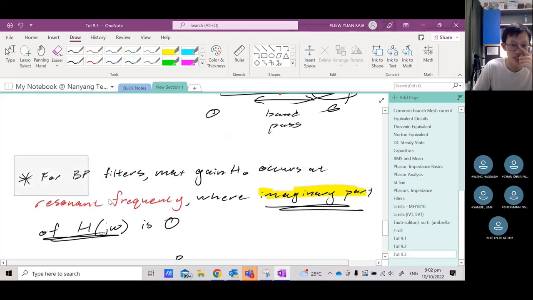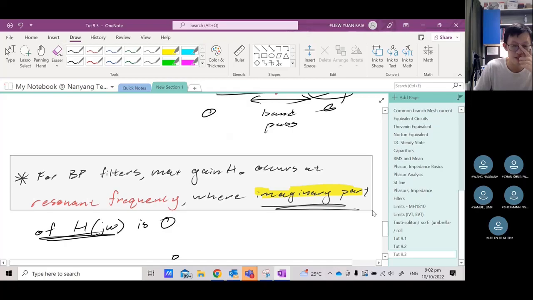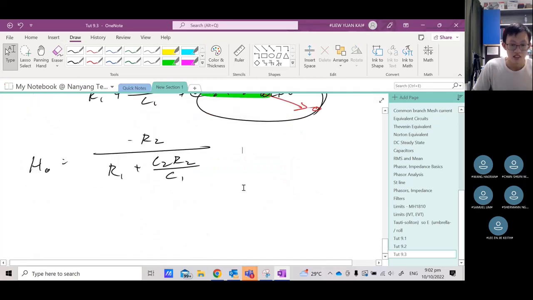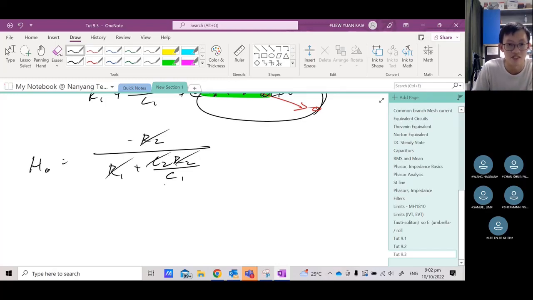Okay, so I'm going to emphasize again, this is an important fact for finding the max gain of bandpass filters. You just sub all the values in, so I'm not gonna do it. I'm not gonna manually sub it in for you. So you sub in R2, R1, C2, R2, C1. After you sub in, you plug in the numbers. In fact, you should take the modulus of this, right? Because there's a negative here. It doesn't make sense to get a negative gain.